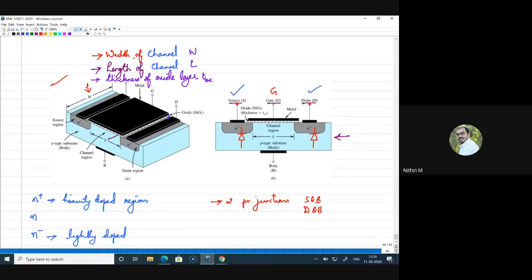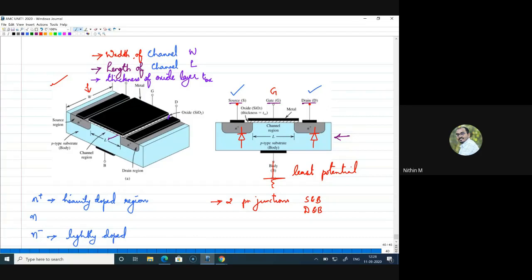That is why this forms a PN junction. So generally, what we do is we connect this body terminal to the least potential available in a circuit. And this is true for a P substrate. So if your substrate is P, we will connect the body to the least potential. Say if the least potential is ground, body should be connected to ground.